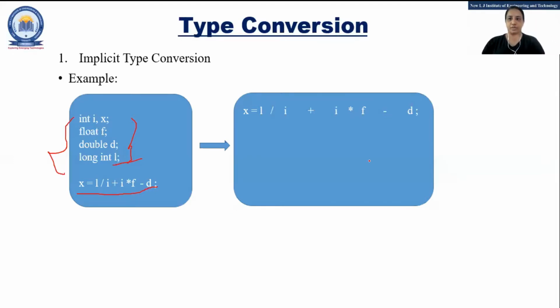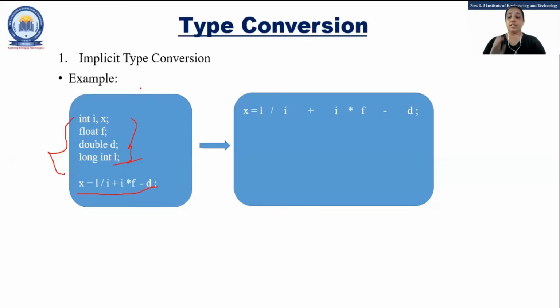So in this way, you need to give an answer. Fine. So it will be done first. But what happened? You see the data type of L and I. L is of type long integer and I is of type integer. So which will be converted now? It is called mixed mode arithmetic. It is not supposed to be done directly, so the compiler will do it itself because we have not written any code to convert it.